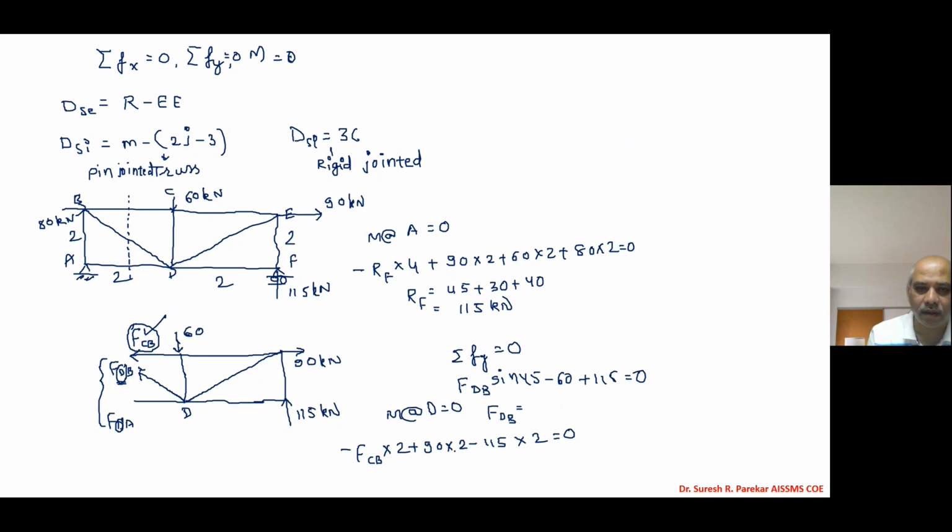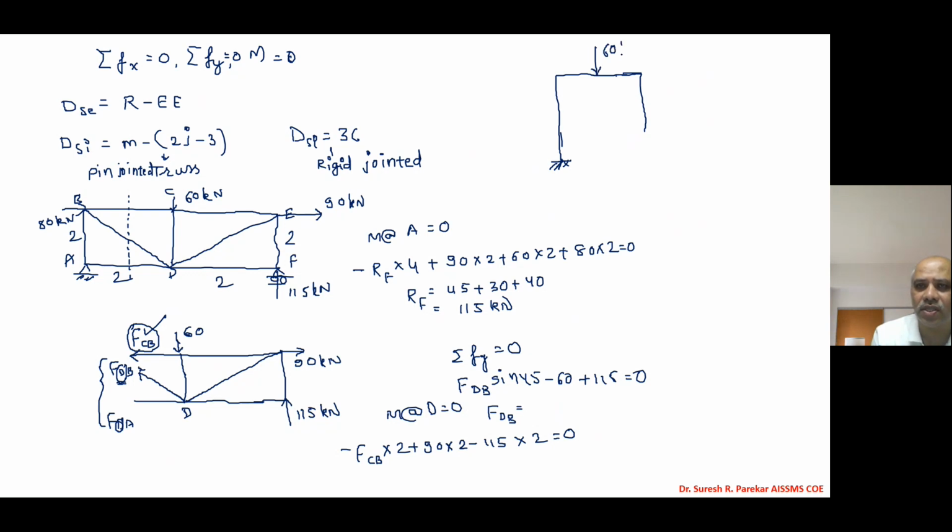So try to understand how we go about the problems, then you will be in a position to solve them. Equilibrium equations are also important. Suppose we are given this as a simple support, and forces are given.